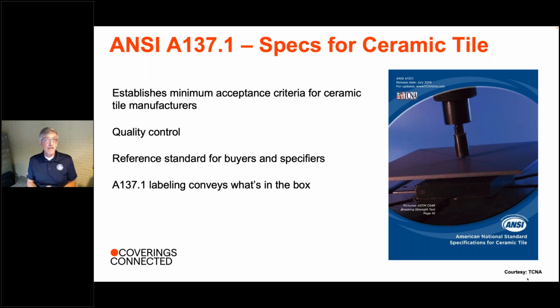Some might not be relevant for some situations. But when it comes to these tests, a manufacturer who has tested their tile, manufactured their tile, and tested their tile to meet these industry standards found in ANSI A137.1 will let us know what tests their tiles passed.